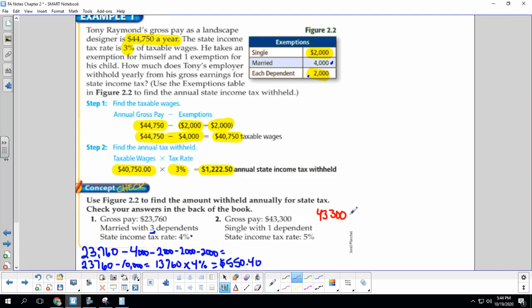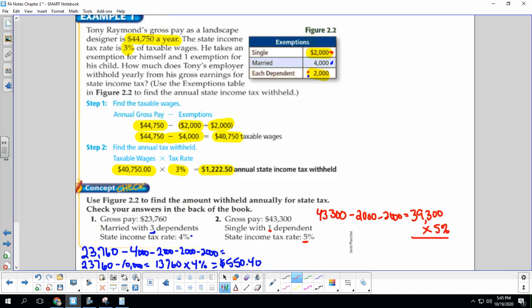All right, so now we are going to try that again. 43,300 is our gross pay. We are single, which is minus 2,000. And we have 1 dependent. We take care of our Nana. We love her. So we're going to minus 2,000 for her. And when we do that, we get 39,300. I know, I'm getting good at this. Our tax rate is 5%, so we're going to multiply that by 5%.